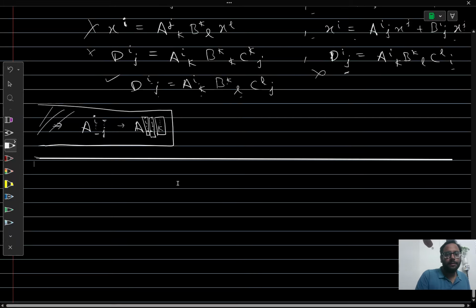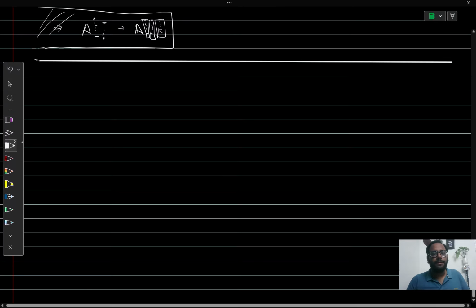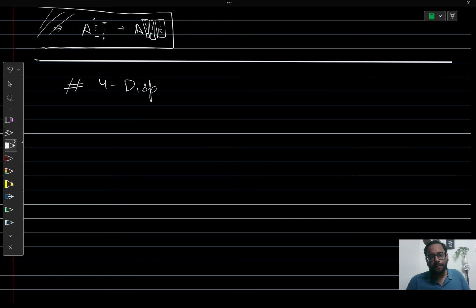That is displacement for vector, or say for displacement. It is a four vector.